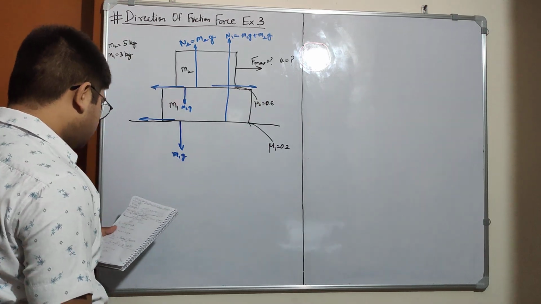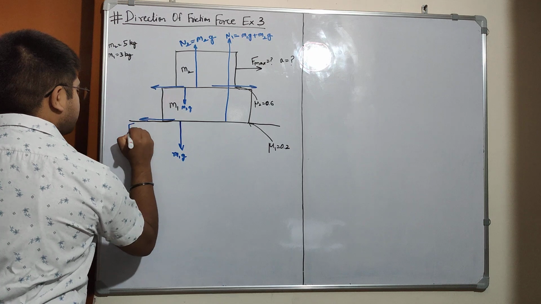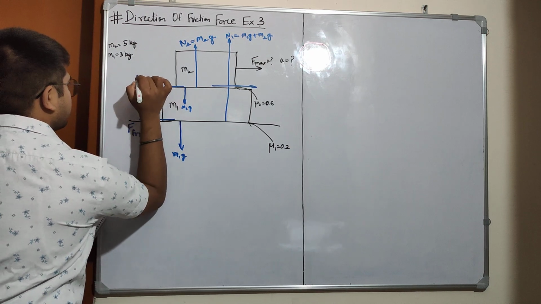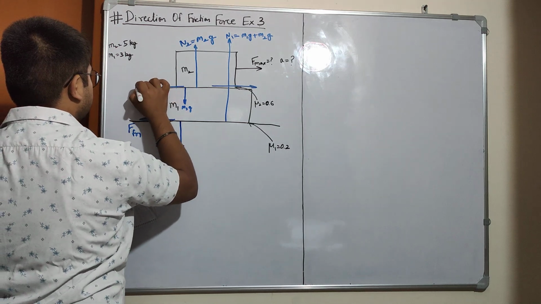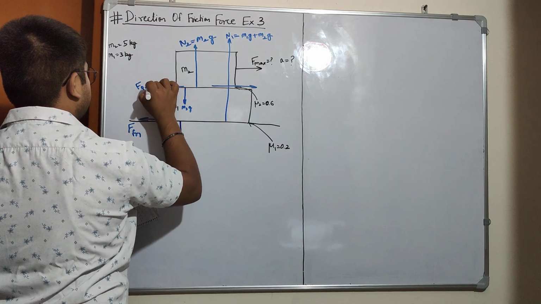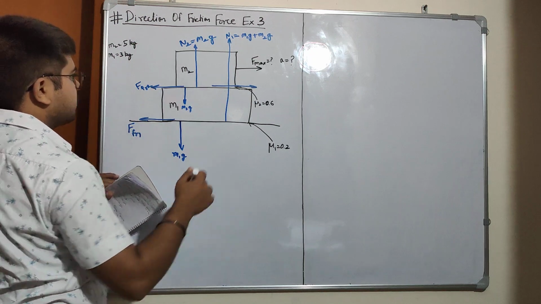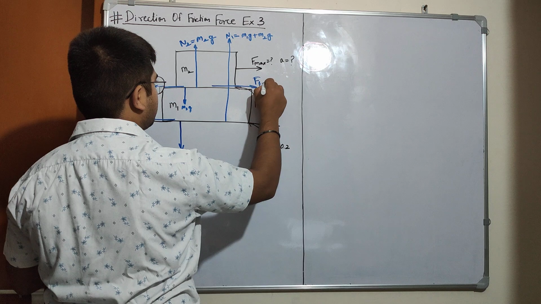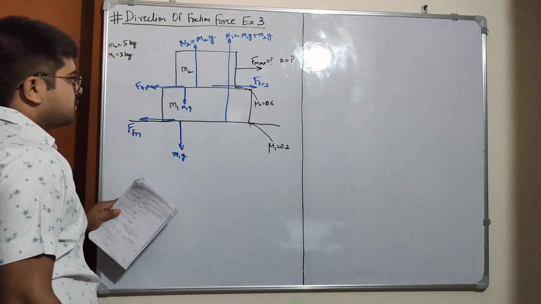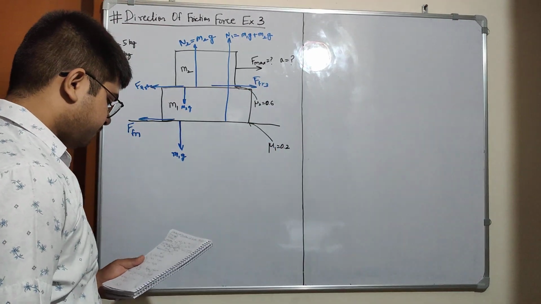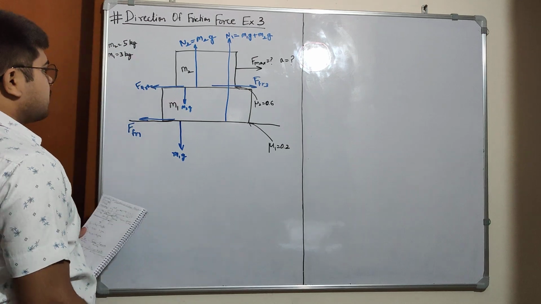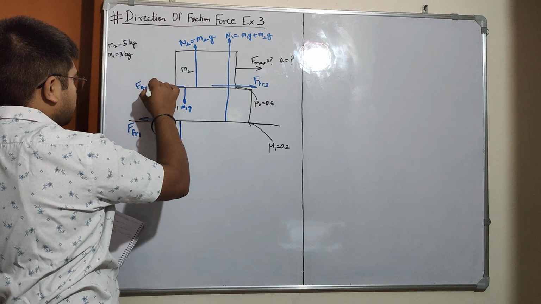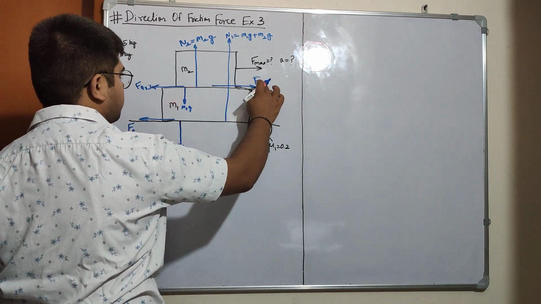So the three friction forces are FFR1, FFR2, and FFR3. I'll name this one 3 and this one 2.